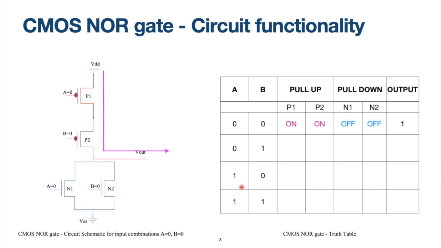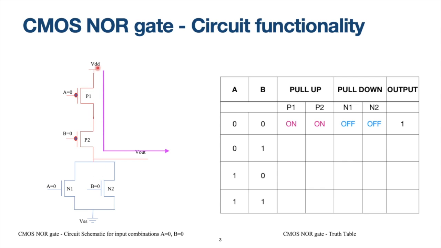So first, let us choose the combination A equal to 0 and B equal to 0. We very well know that when the input is 0, PMOS transistor switches on and NMOS transistor switches off. So for this combination, transistors P1 and P2 both will be on, but transistors N1 and N2 both will be off because the inputs are 0 and 0.